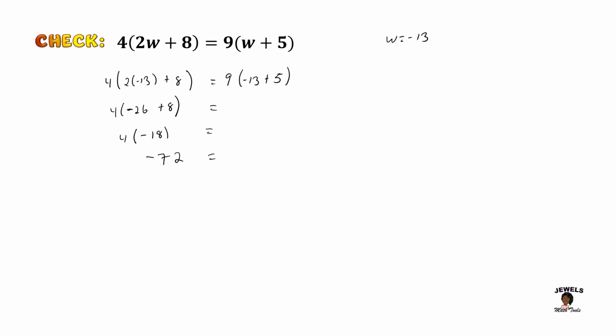So now let's apply our distributive property. So 9 will be multiplied to negative 13, which would equal negative 117. And then 9 will be multiplied to 5, which would equal positive 45.